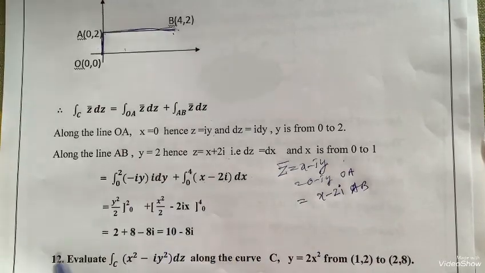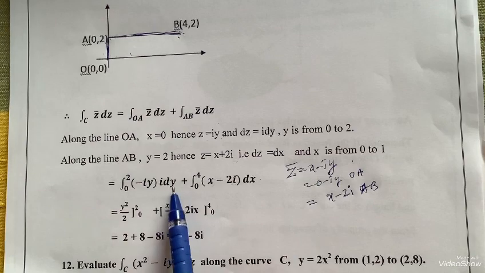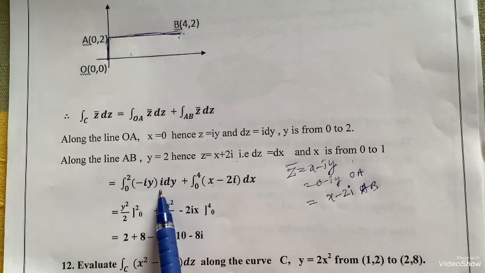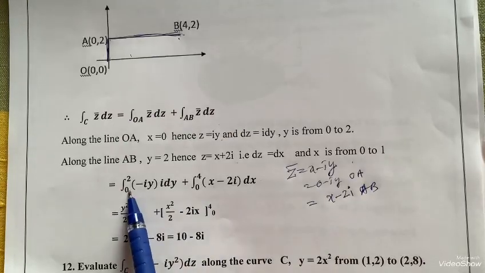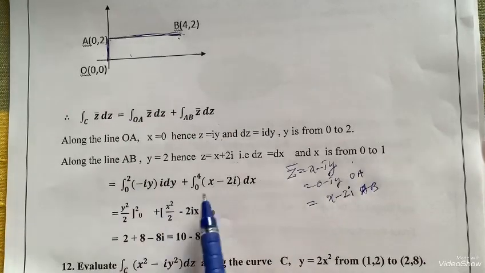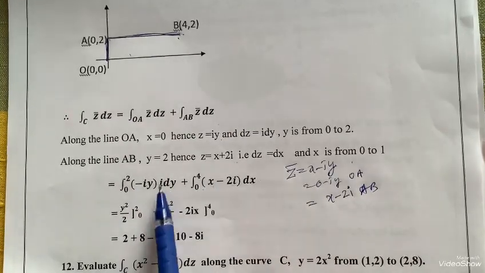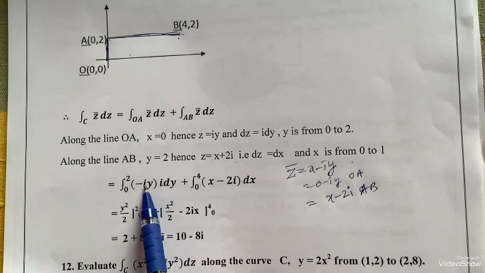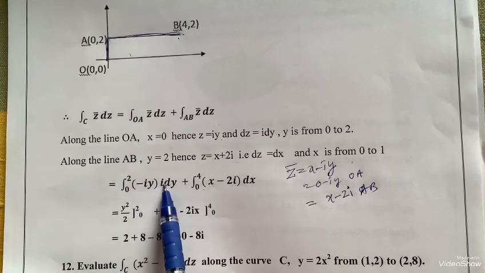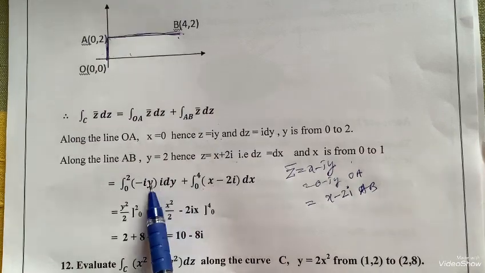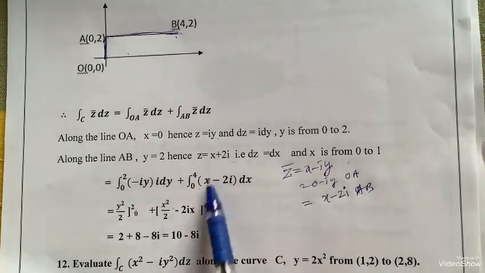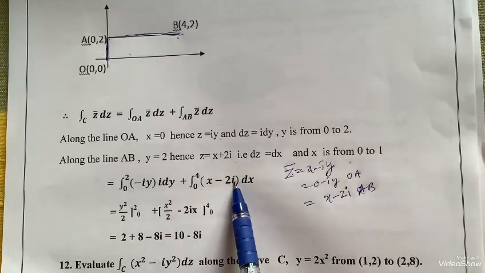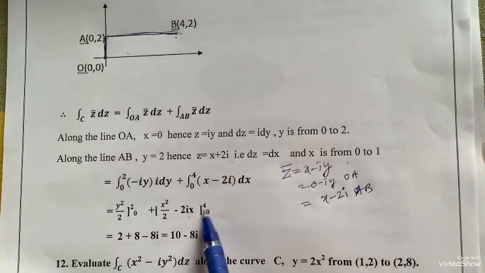Here the limits for y are 0 to 2, and for x are 0 to 4. So the integration of i into minus i into y is minus i squared, which is plus 1. Integration of y is y square by 2 from 0 to 2, and integration of x is x square by 2, minus 2i into the integration of 1, which is x, from 0 to 4.